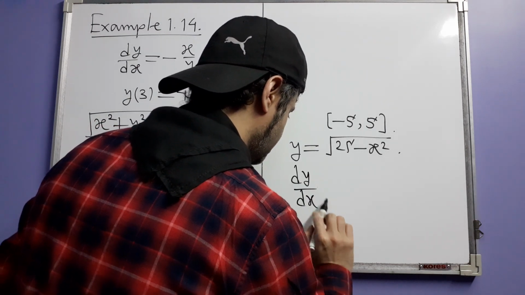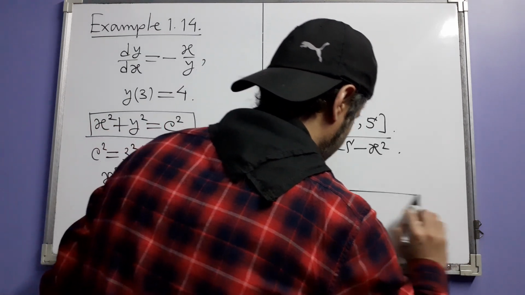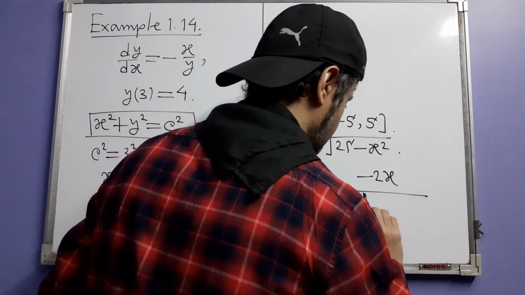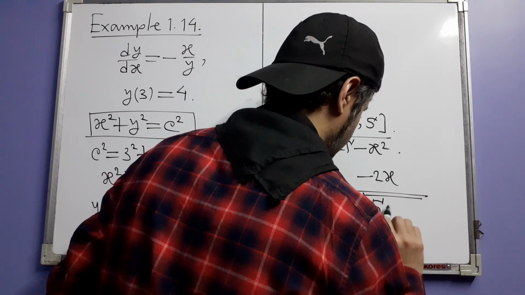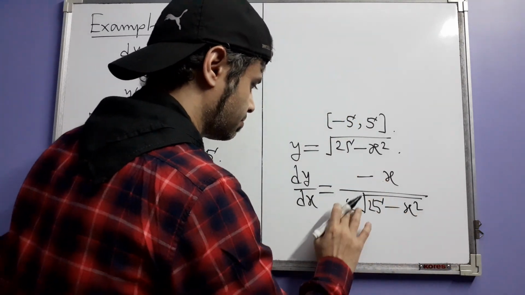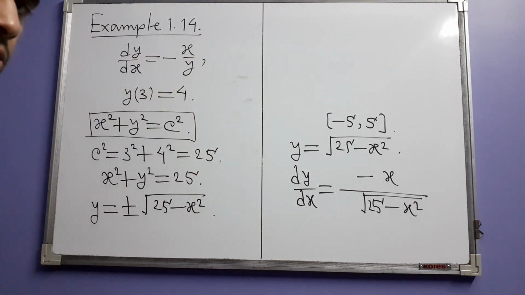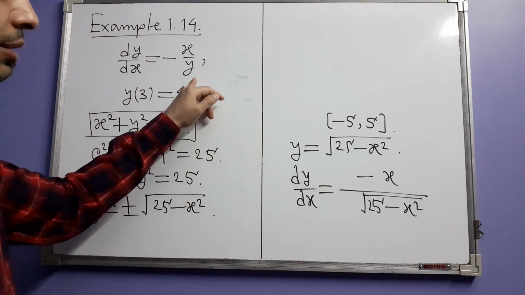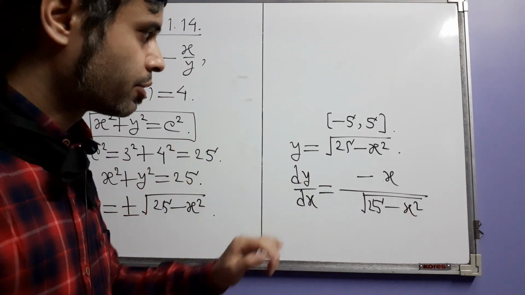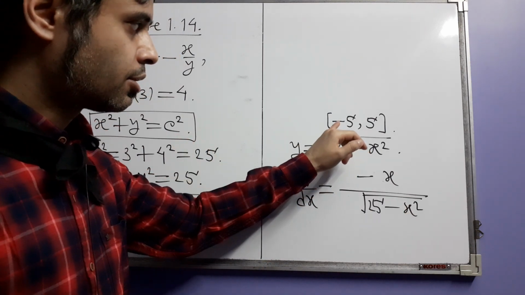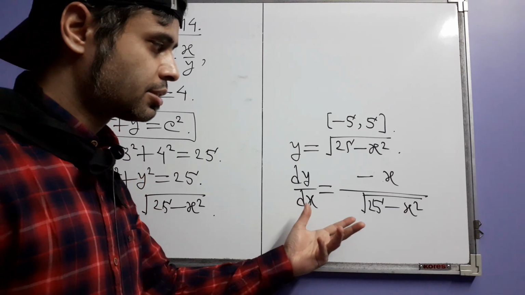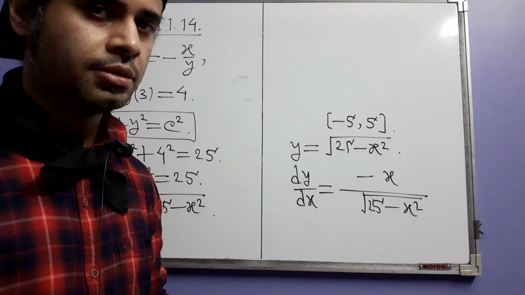So, if you apply your calculus formula again blindly, using chain rule and everything, this is what you get, 25 minus x square, and then you just cancel the 2. Yes, so you seem to be getting really the differential equation because this is your y, so you can put y here, but there is a problem. The problem is that the derivative does not exist at minus 5 and 5. Well, does not exist means it becomes infinite.